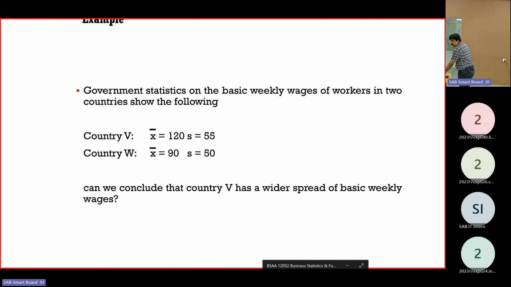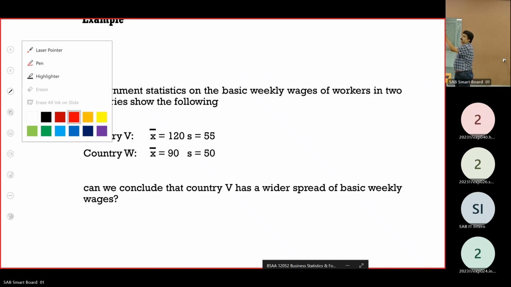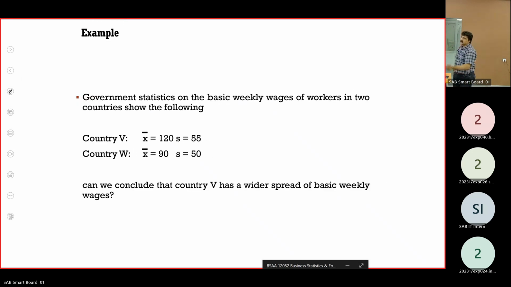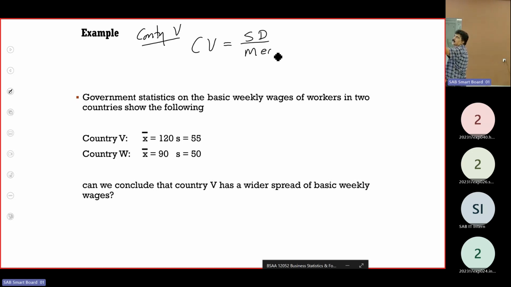So we'll calculate the CV value for country B. The formula is standard deviation over mean into 100.